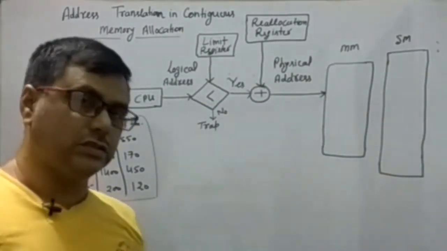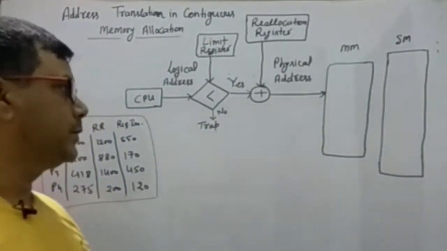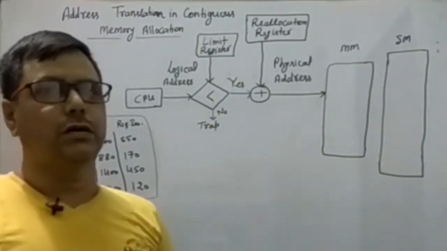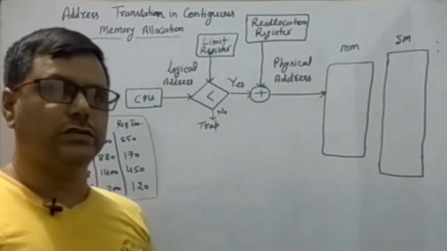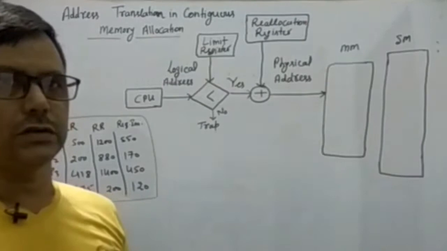We have also discussed the policies used to map the process into the memory, and those policies were first fit, best fit and worst fit.